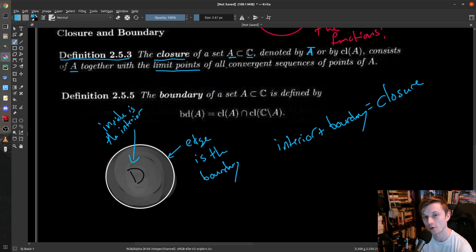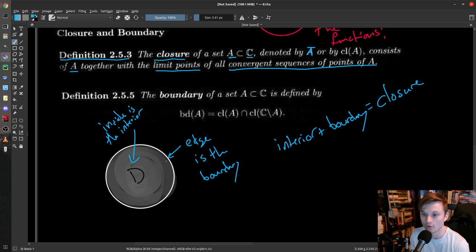This works when you have some notion of unique limits, in particular with Hausdorff spaces. We don't need to talk too much about it. You can do it when you don't have unique limits as well, but we don't need to care about that right now. It's just A with all of its limit points, so you just take every convergent sequence of points in A and you add what it converges to.